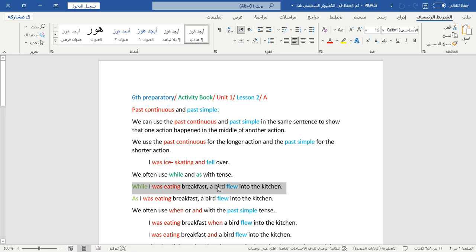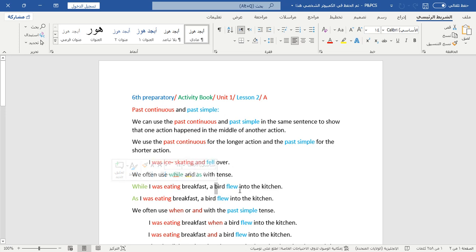It is an indefinite noun, so I put the article a. Why? Because the first sound of the word is B, a consonant, so I put a. Okay, a bird.